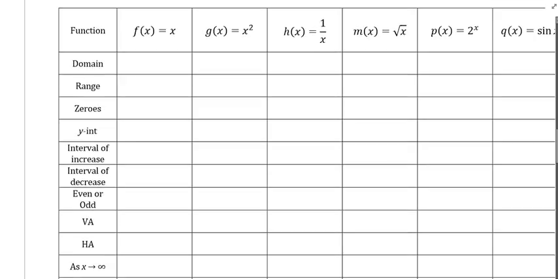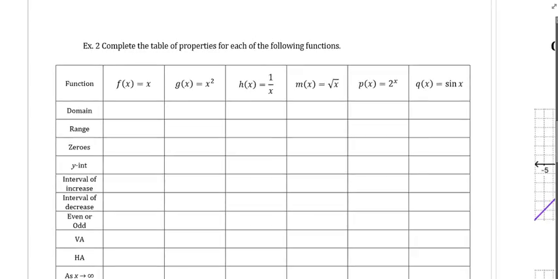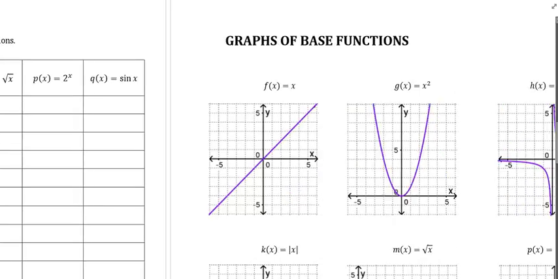We're going to talk about the characteristics, try to understand what all of these properties are. There's a whole bunch of them. Domain and range we've done. What is the domain of just f at x? x can be anything. What's the range? y can be anything. Goes up forever, goes down forever, goes right forever, goes left forever.